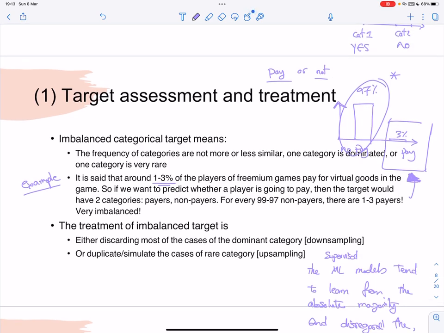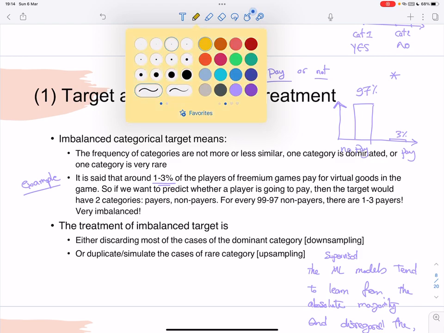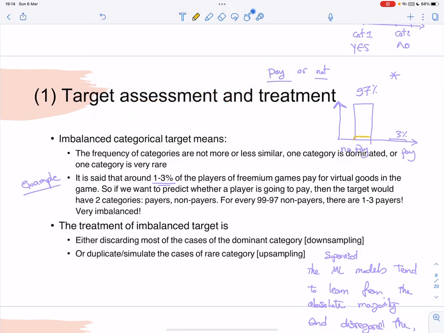So 97% would be the source of learning and this one would be disregarded. We don't want such a thing to happen. So how to do so? Well, two simple ideas, at least one simple, one relatively simple. One of them is, let's take one portion of the dominant class and remove the rest from the data.